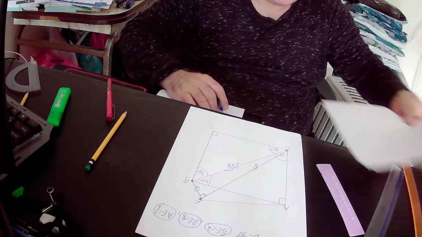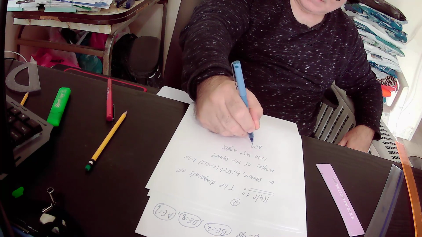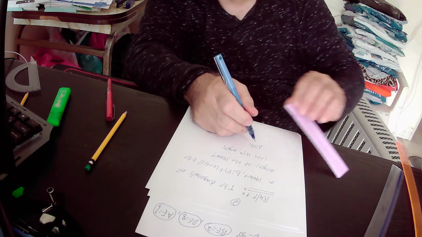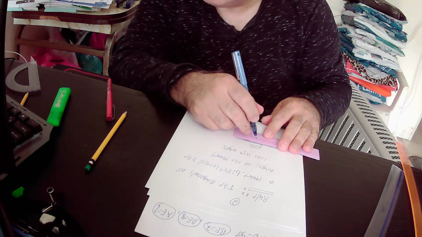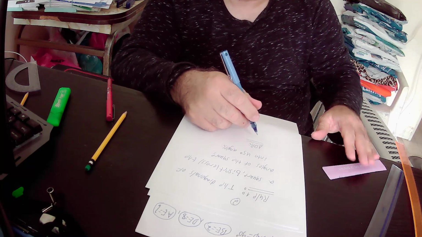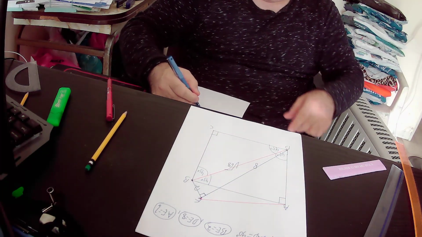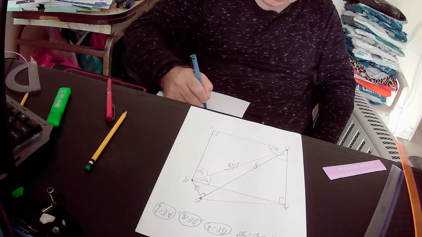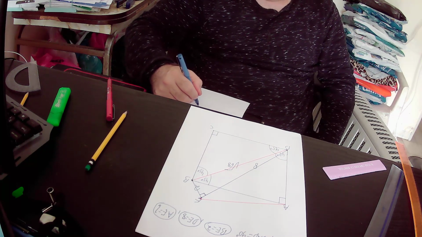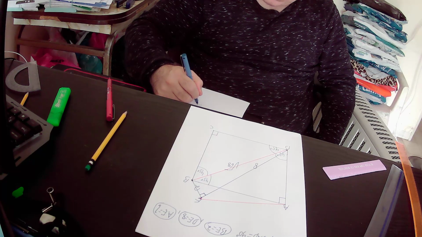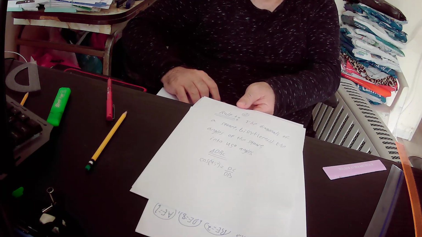In the right triangle DBC, cosinus 45 degrees equals DC over DB.